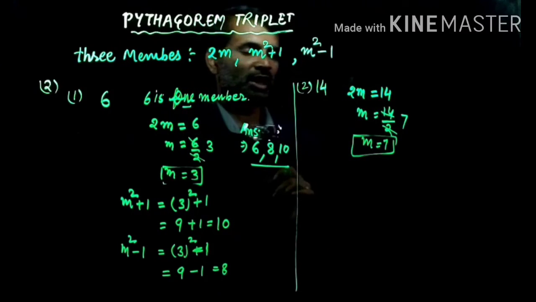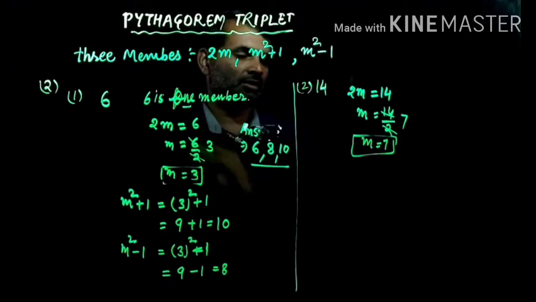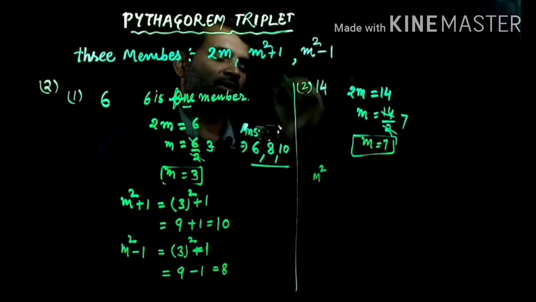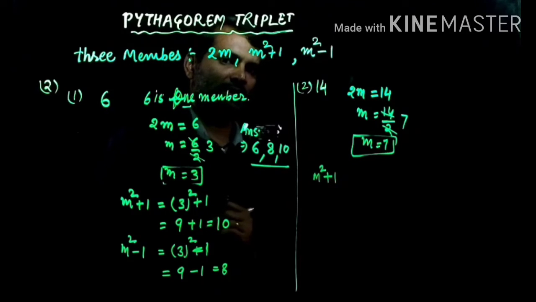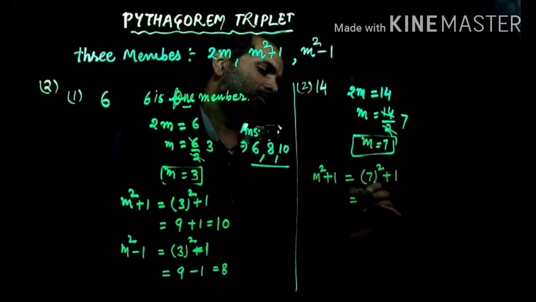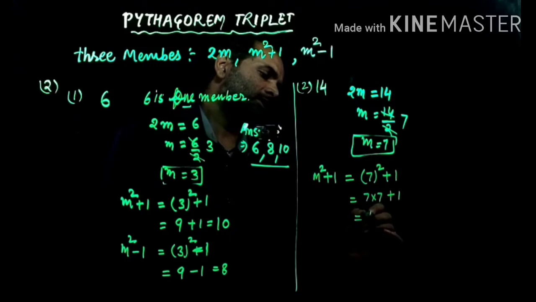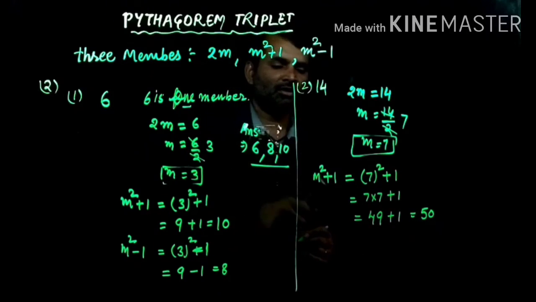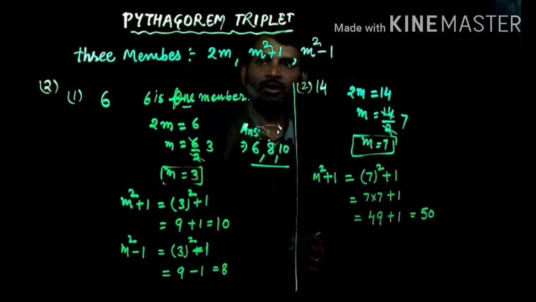With the help of m, we find the other 2 members. The second member is m square plus 1, which is 7 square plus 1, 7 into 7 is 49, plus 1 is equal to 50. The second member is 50.